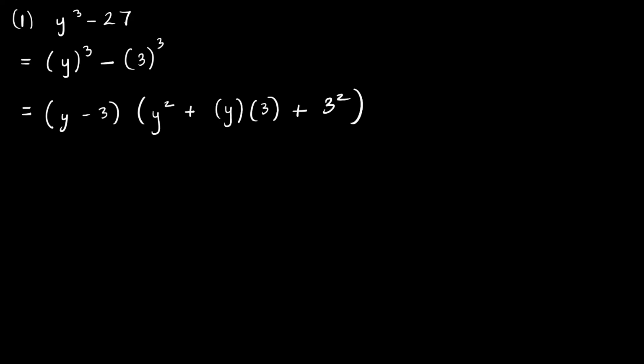Okay. So what is first bracket again? It's the same, y minus 3. And here, solve this. y squared plus 3y plus 9. Okay, very good, Omar. Yes, thank you, sir. Okay, fine.